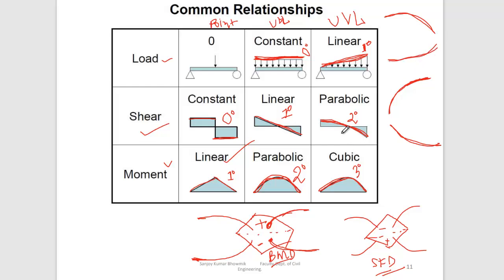So when we select the increasing curve, or when we select the decreasing curve, each category has two types. When we move to the parabolic or cubic situation, that time we must select the curve.